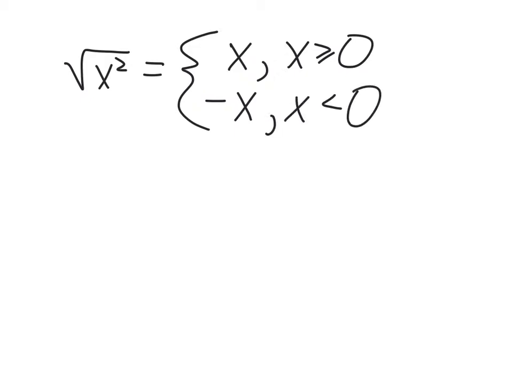Square root of negative 3 squared is not negative 3, it's the opposite of negative 3. Square root of negative 5 squared is not negative 5, but it's the opposite of negative 5. It'd be positive 5. So this is actually a definition of another function, which happens to be the absolute value.